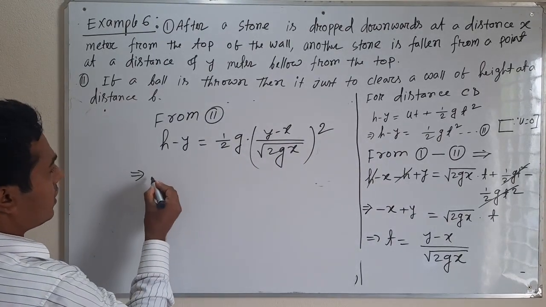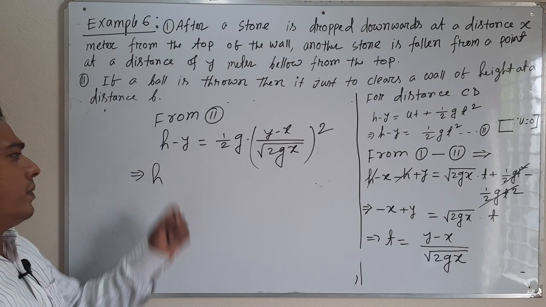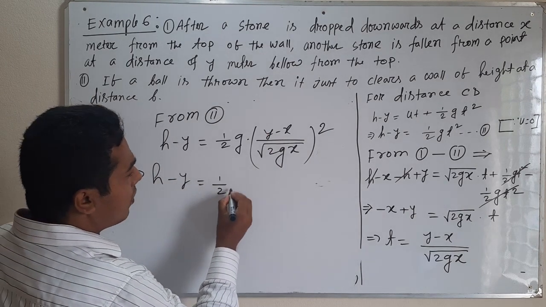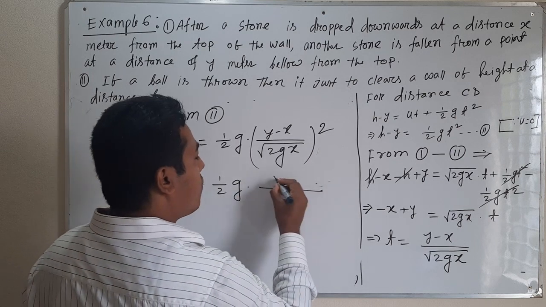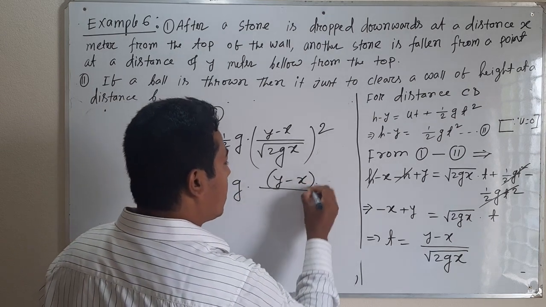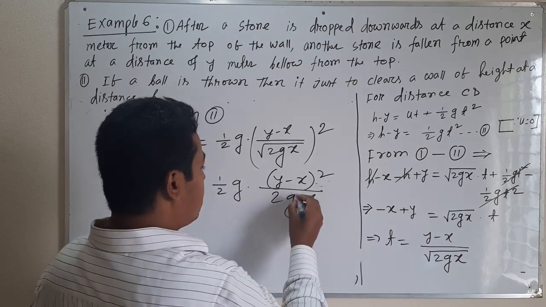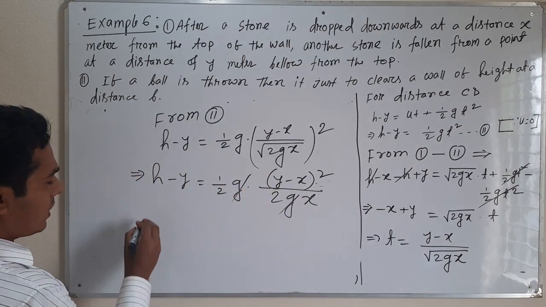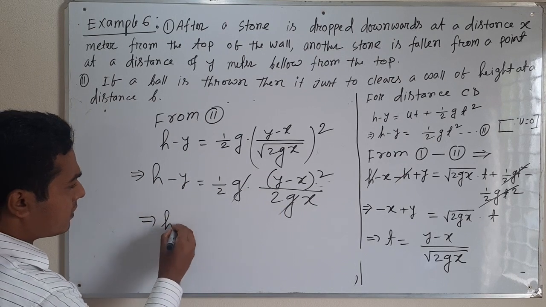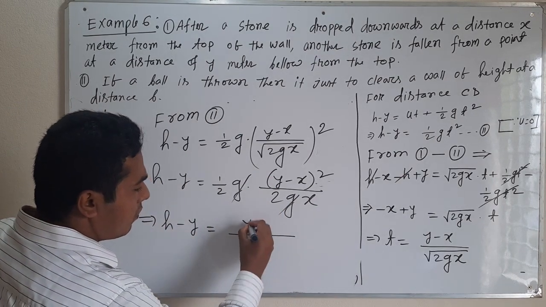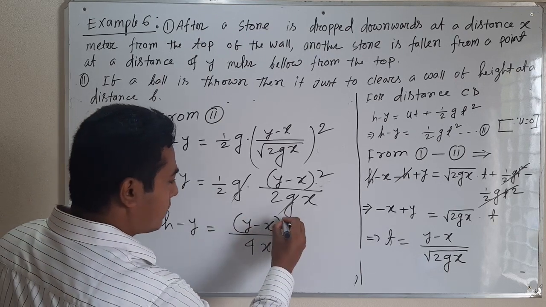Now we want to find the value of h. Half of g into y minus x whole square divided by 2gx. Okay, g and g will be discarded, and h minus y is equal to y minus x whole square divided by 4x.